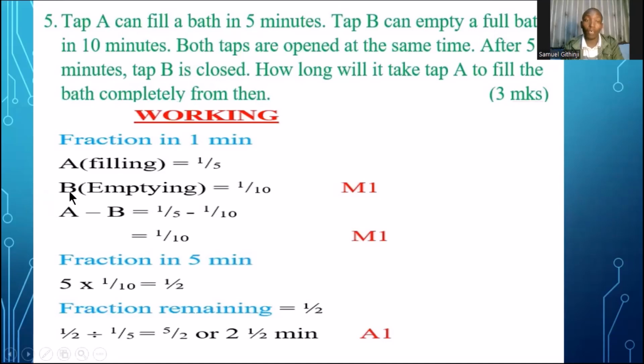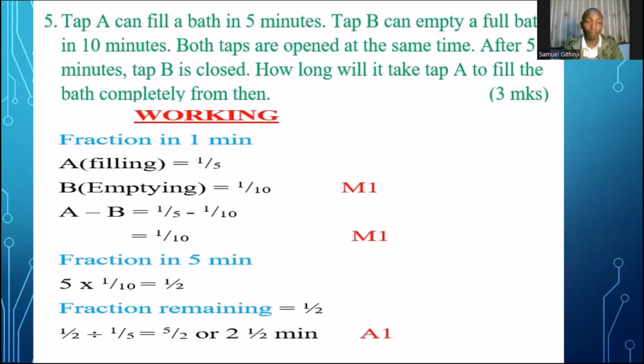So what does that mean? Within 1 minute, it can empty 1/10. If that is the case, the remaining amount of water, if these two taps are running at the same time, is 1/5 subtract 1/10, and you get 1/10. So this is the remaining amount of water within 1 minute.